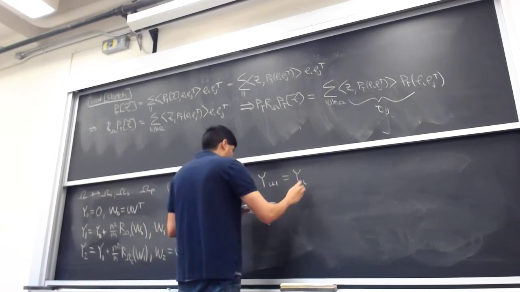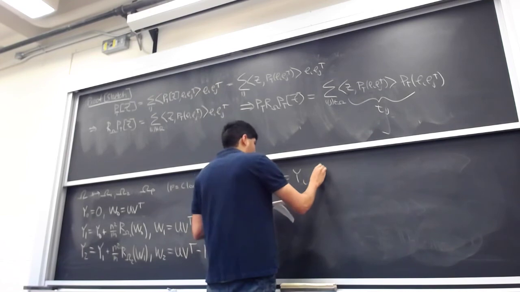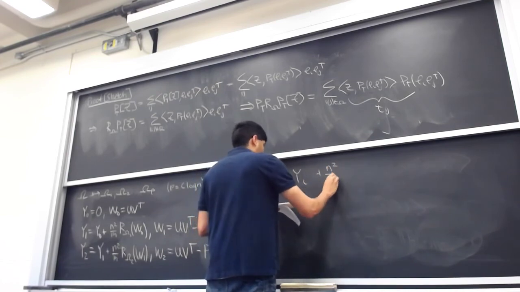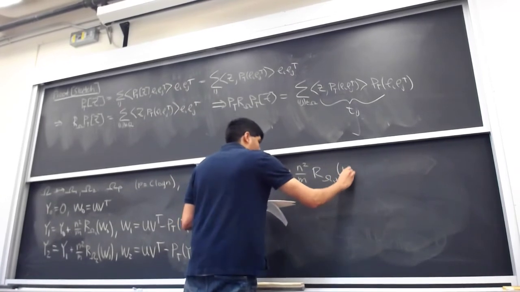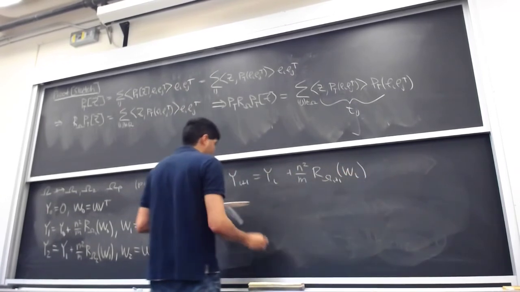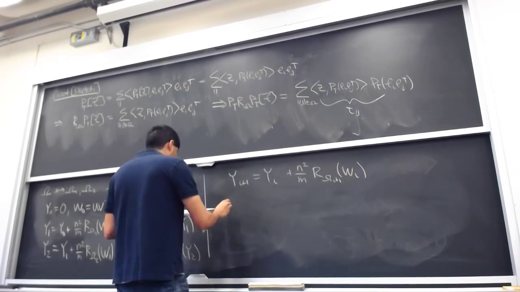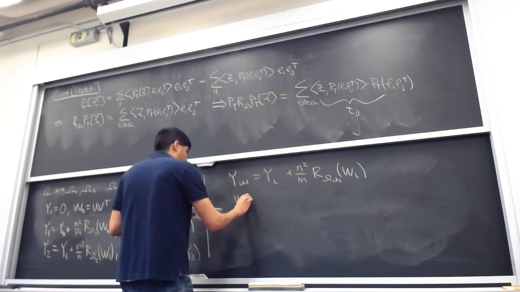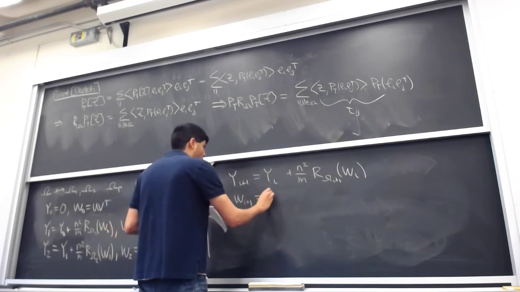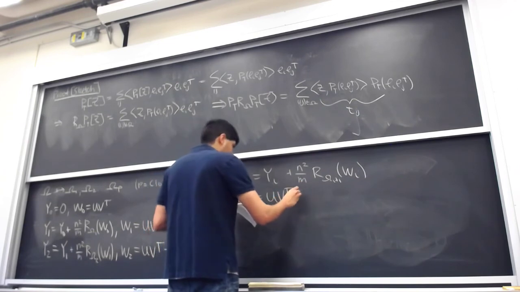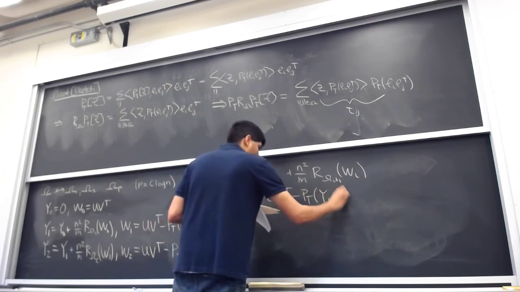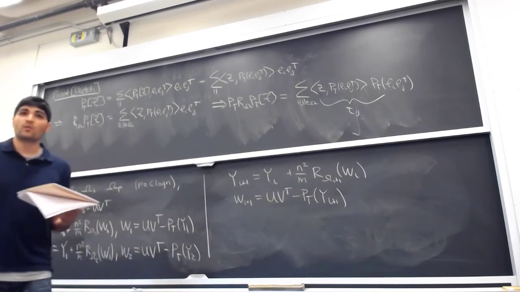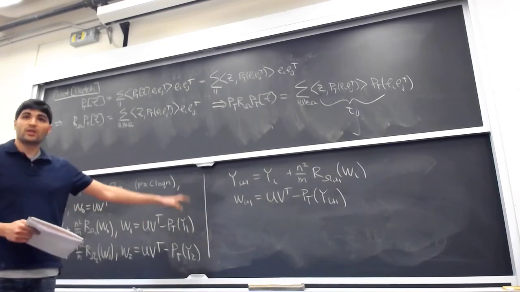We have y_{i+1} equals y_i plus n squared over m times R_{omega_{i+1}} of W_i. That's where we hit towards our new remainder. And then we update our direction quantumly because it's a matrix. Okay? So that's the sequence of steps we do, and I've written out what they look like.